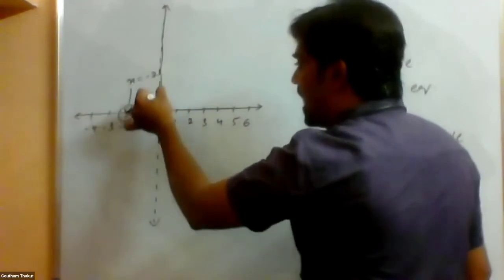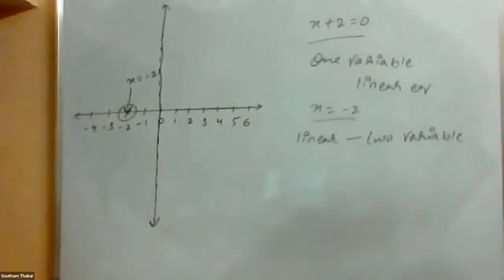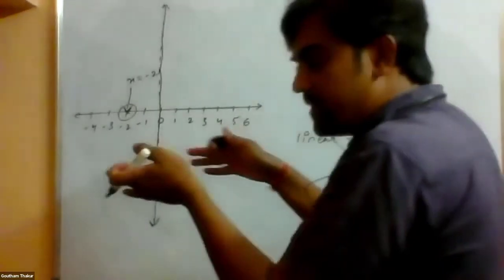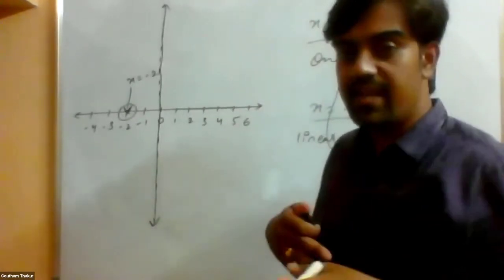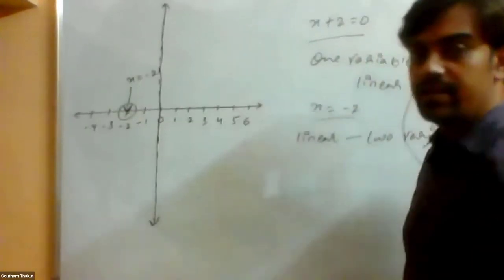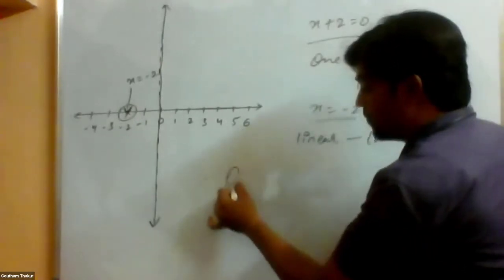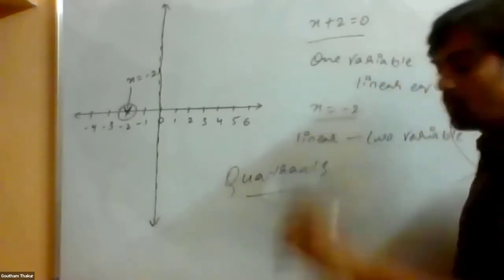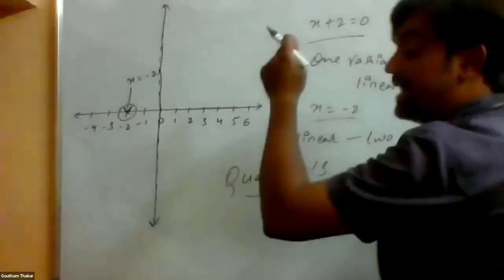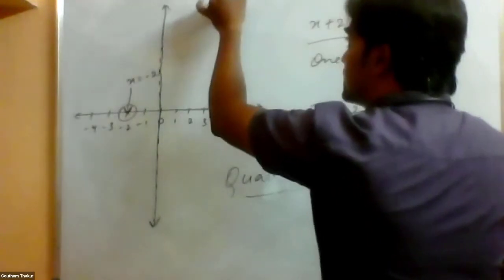As we are all aware from statistics, taking a quantity on the x-axis and another quantity on the y-axis. In the same way, my entire plane is divided into 4 quadrants, wherein they are always numbered in the anti-clockwise direction.